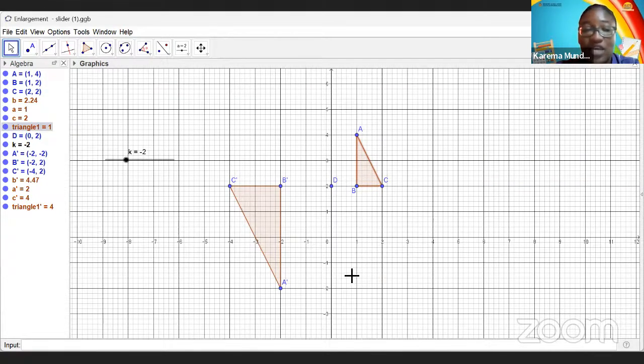So we're looking at the fact that it's inverted, but remember, enlargement, especially certain scale factors. We saw, for example, that only a scale factor of 1 gave us congruence, but the others we explored so far gave us something similar. So we have to bear that in mind as well.